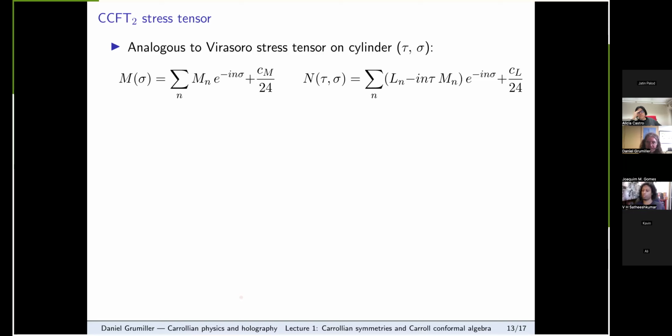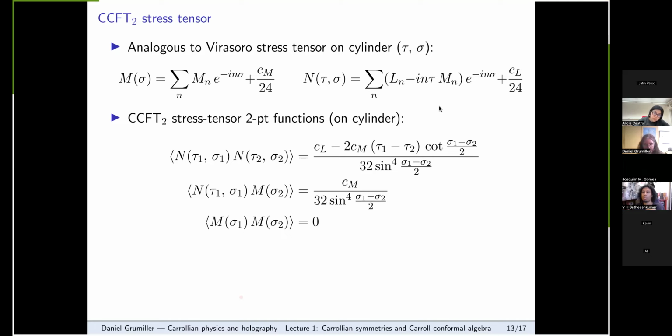In the relativistic CFT, there would be a left-moving part of the stress tensor and a right-moving part, and the only difference between them is that instead of plus indices, you have minus indices. But here there's a slightly bigger change. There's this super rotation part of the stress tensor, and that consists of both the super rotation generators and the linear term in tau times the super translation generators, again weighted with this Fourier factor and shifted by the vacuum gap C_L over 24 whenever this is non-zero.